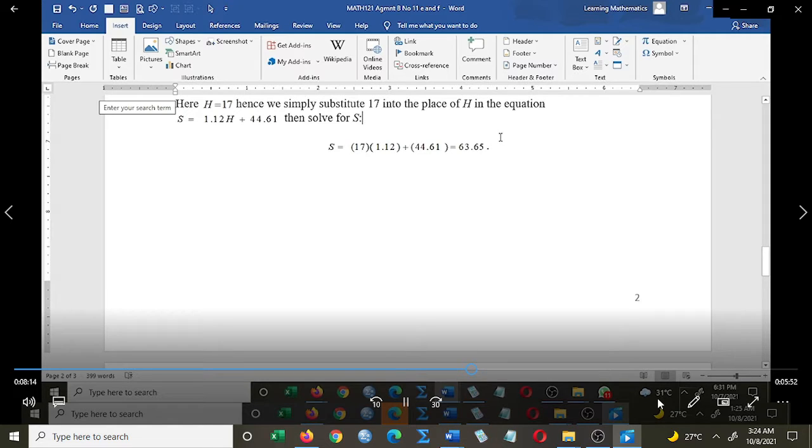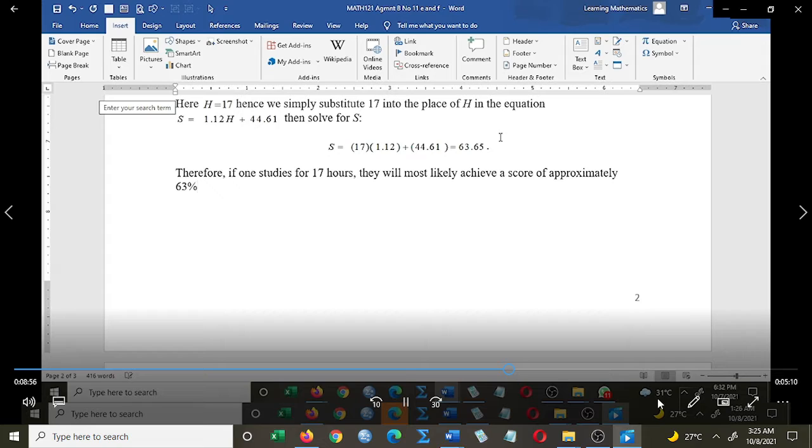If one studies for 17 hours, they will most likely achieve a score of approximately 63%.